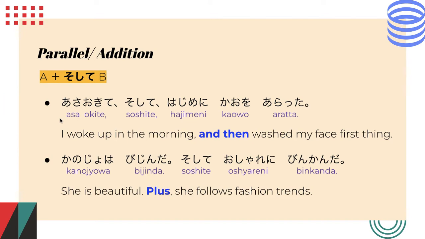To say this in Japanese, it would be 朝起きて、そしてはじめに顔を洗った。So the sentence A would be 朝起きて。I woke up in the morning.